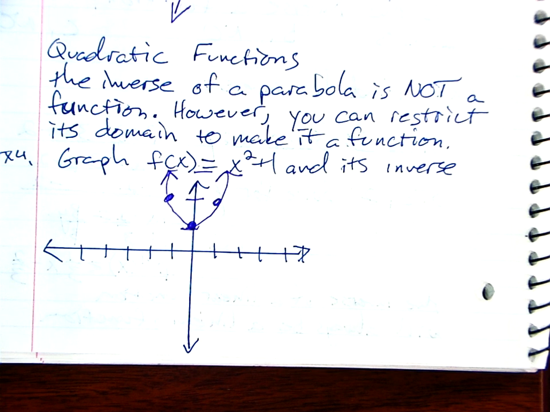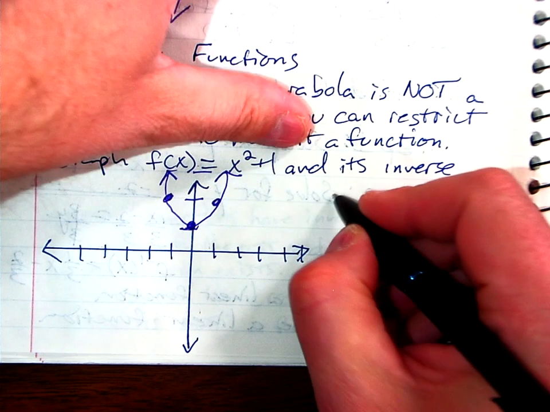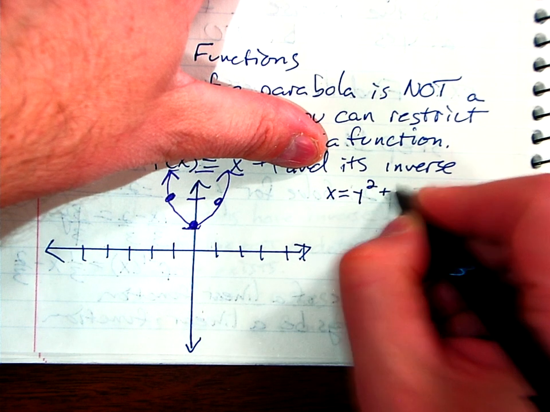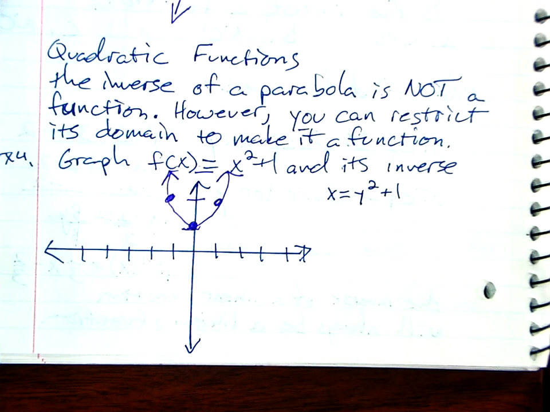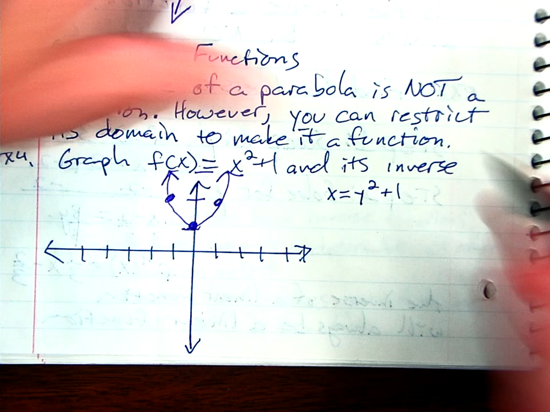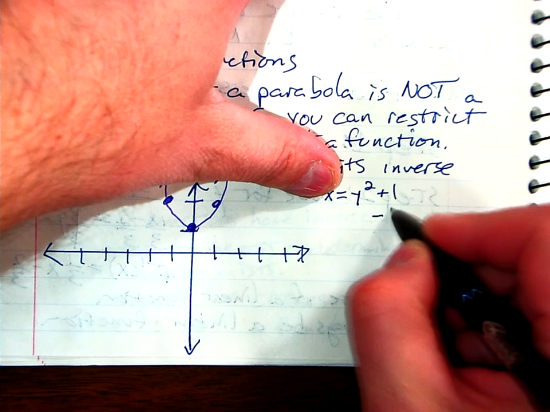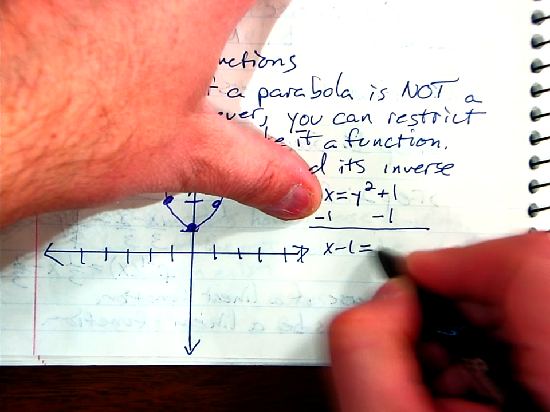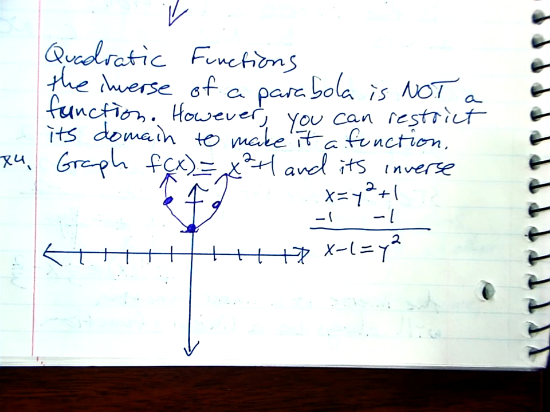All right, so now it wants us to graph the inverse. So what do I have to do with my x and my y? Flip them. So x equals y squared plus 1. And then solve for y. So now I personally would get rid of the plus 1, minus 1. x minus 1 equals y squared.